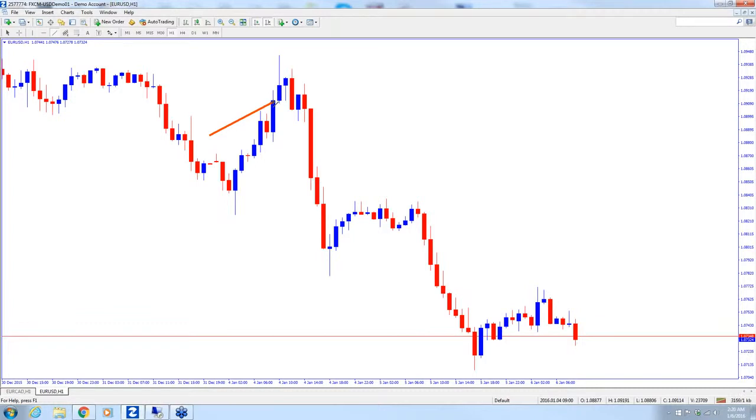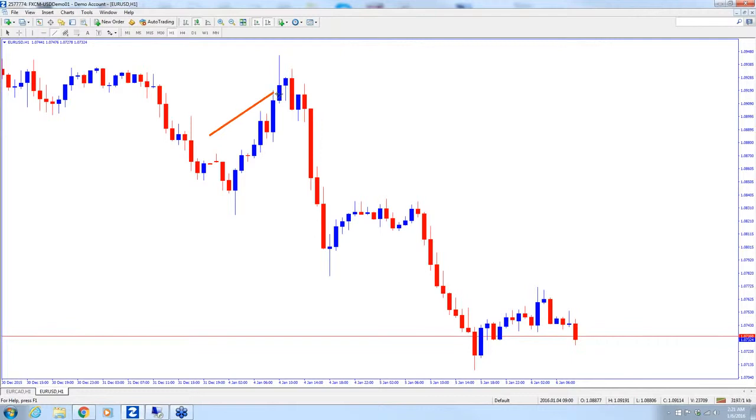And then what they call the wick, or the high and low. Low, high. So you ready? Open, high, low, close. So open is the bottom, close is the top, doesn't matter the bar, low, and then high.